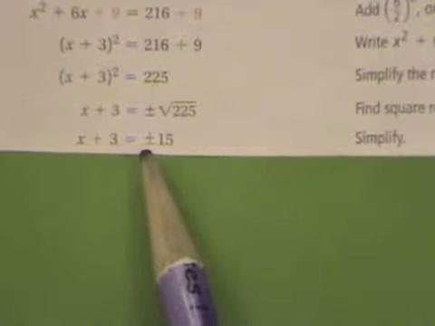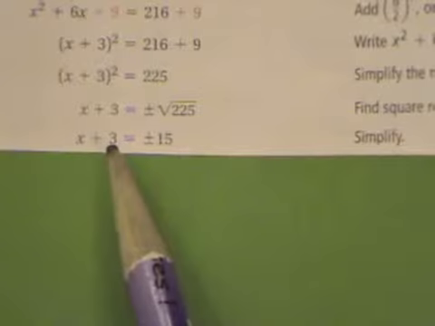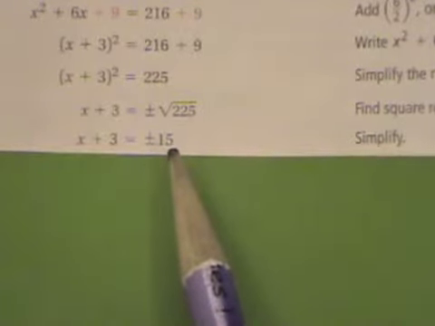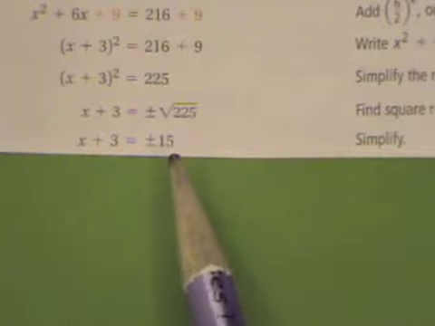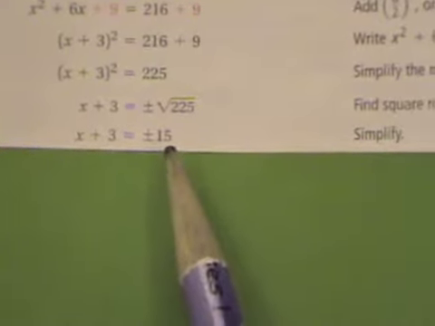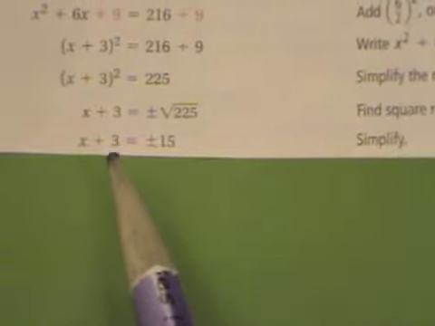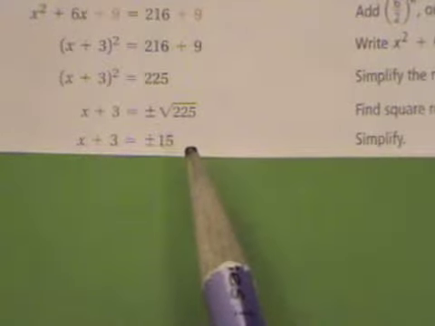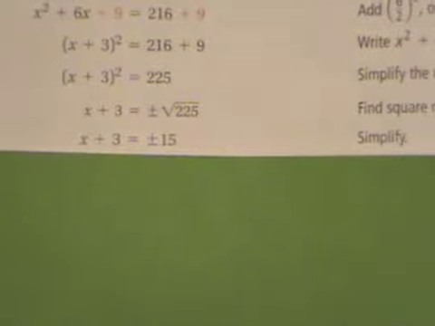You are not quite done yet, though, because we can simplify. We've got a 3 over here and either a positive or a negative 15 over here. Because this could be positive, could be negative, that means we have two different answers. So we're going to solve this and figure out x equals positive 15 minus 3. We're also going to figure out x equals negative 15 minus 3.